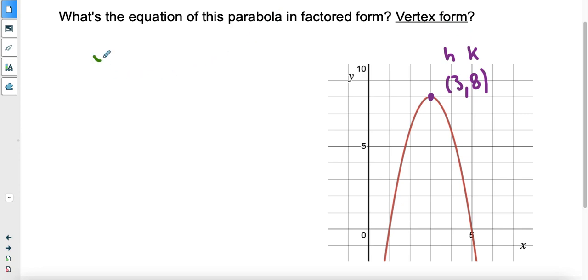And now, if we write down the equation of a parabola in vertex form, again, where h and k represent my vertex, I can just plug these values in, and that'll give me my equation. So let's do that.